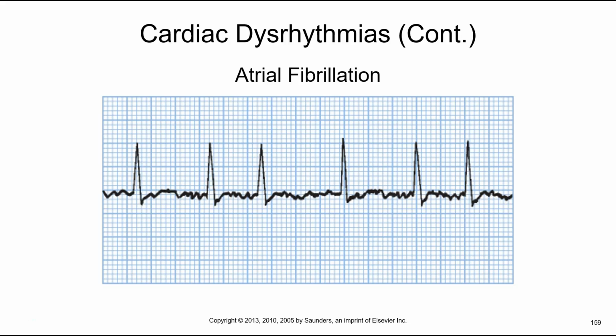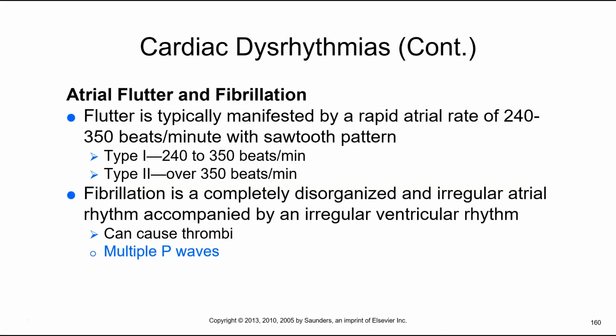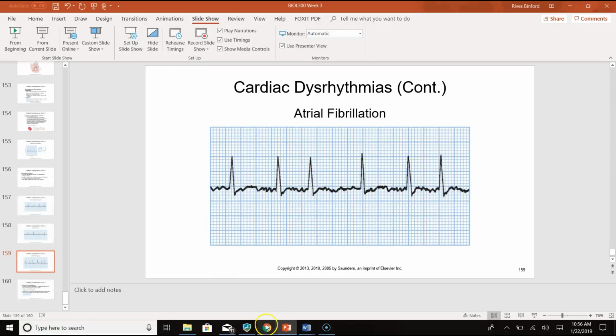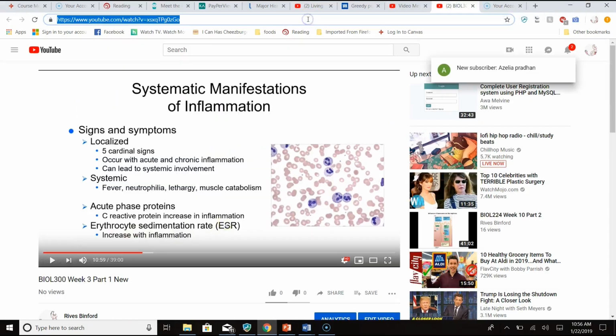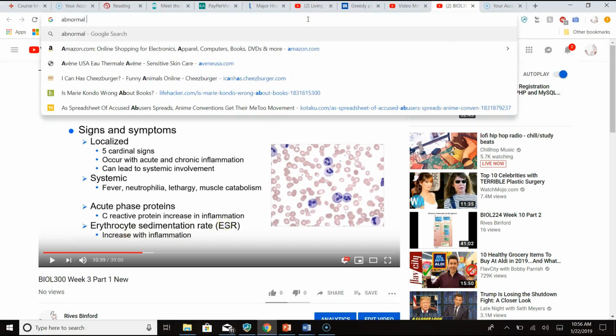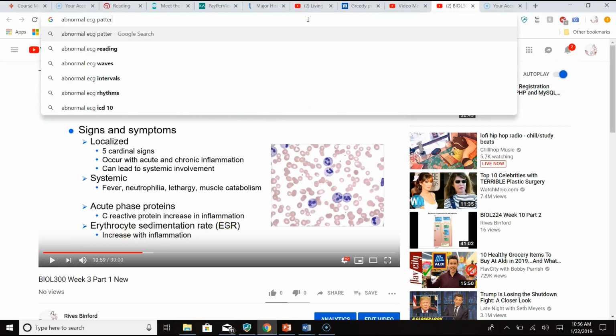What I have heard and learned from clinicians is that when you, as nurses, are looking at an ECG strip, you're not going to be sitting there saying, that's multiple T waves, that's multiple P waves, that's multiple QRS complexes. Let's go over here for just a second and look at abnormal ECG patterns.